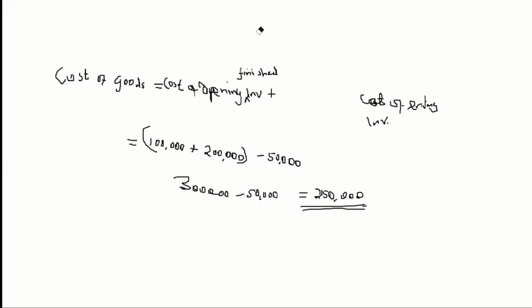Then here you replace with the finished goods plus cost of production or manufacturing cost. Instead of purchases, you write cost of production.